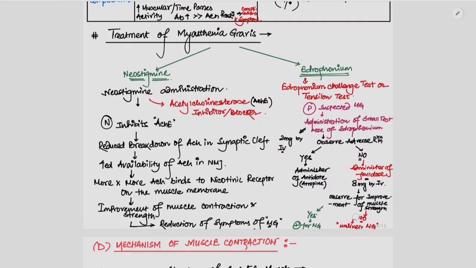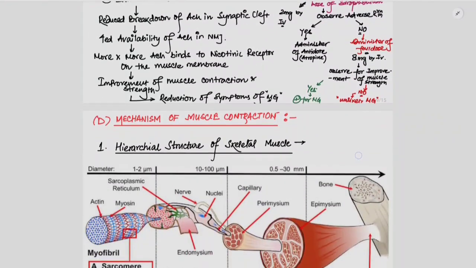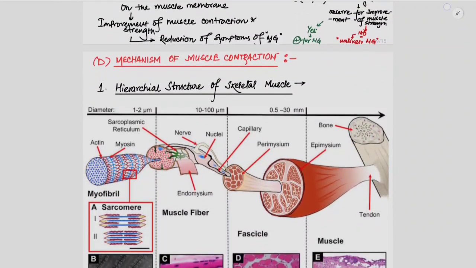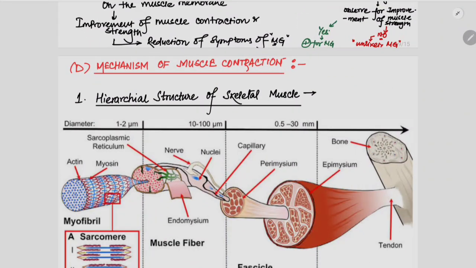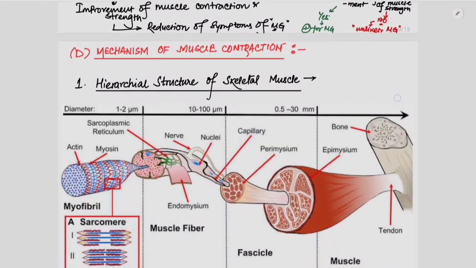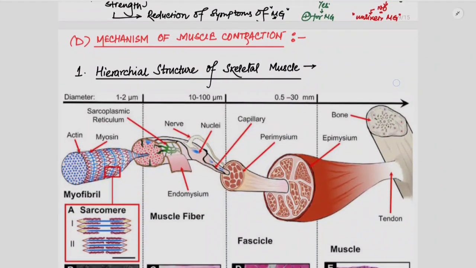Okay, let's come to the topic of mechanism of muscle contraction. In this topic you have to have the concept of the hierarchical structure of skeletal muscle, and most importantly the concept of excitation contraction coupling.